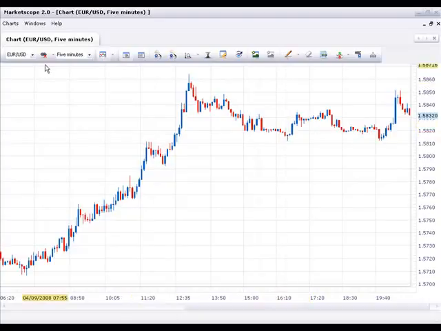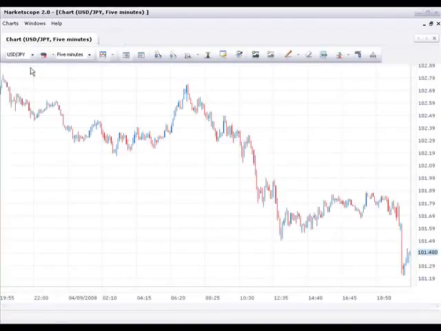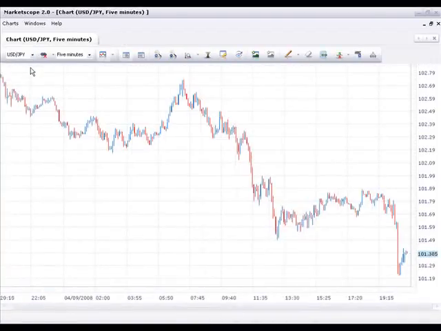Okay, now let's change this to a dollar-yen chart. Still on a 5-minute chart. And we can see here that from around 5:20 a.m. to around 7:20 a.m., the dollar-yen pair, or the rate for the dollar-yen, increased, meaning that the dollar strengthened in relation to the yen.